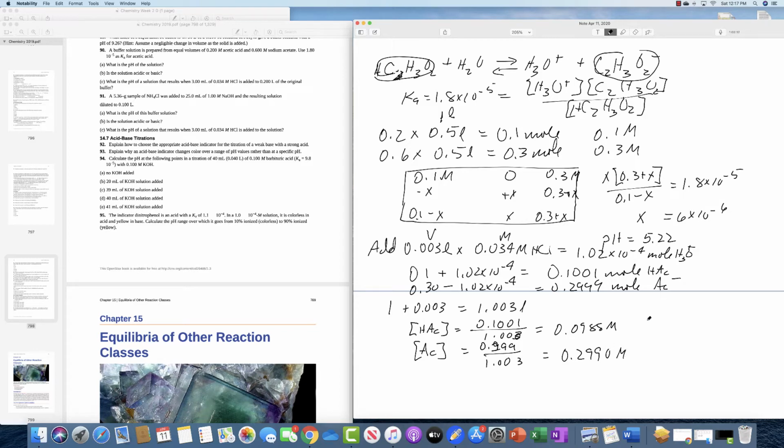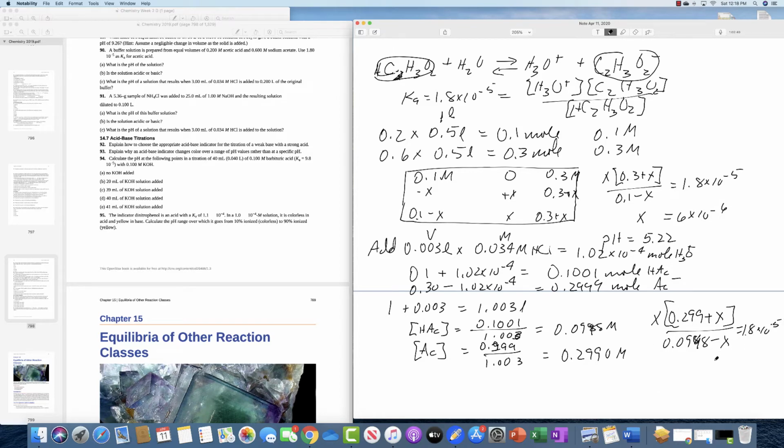And if we do the same calculation we did up here, except substituting these amounts, we're going to get X times 0.299 plus X, divided by 0.0998 minus X, and that's going to equal 1.8 times 10 to the minus 5.